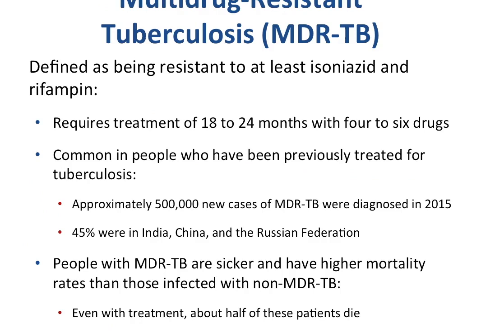If this happens, we have to change the medication. However, we actually don't have many medications to choose from. So if this happens, the patient needs to be treated much longer.